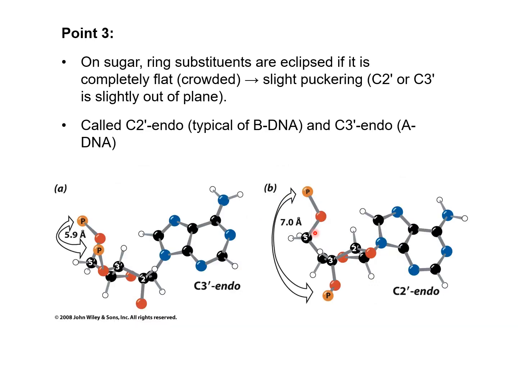And the pentose sugar also has different conformations by having the C2' or C3' puckering, which are called C2' endo or C3' endo respectively. And they can be seen in different types of DNA structures.